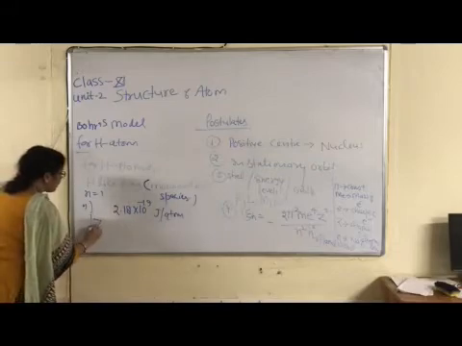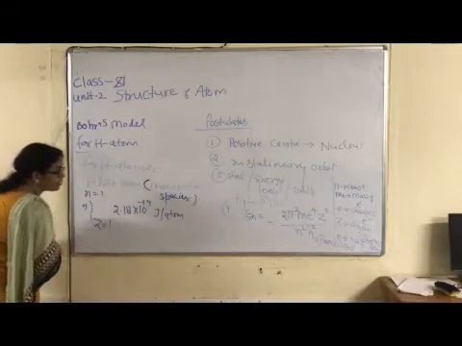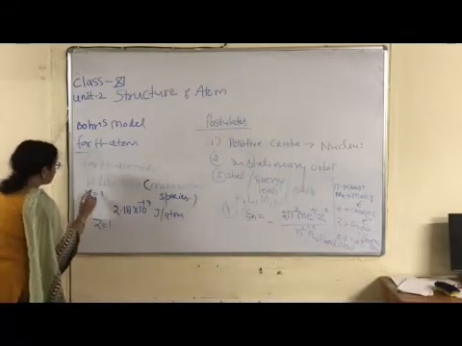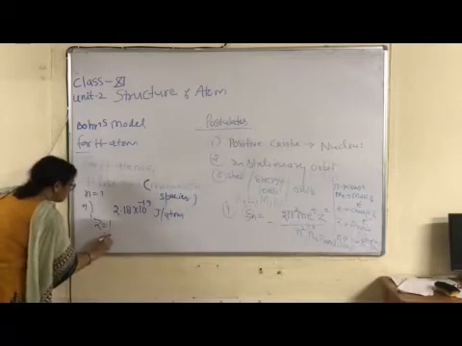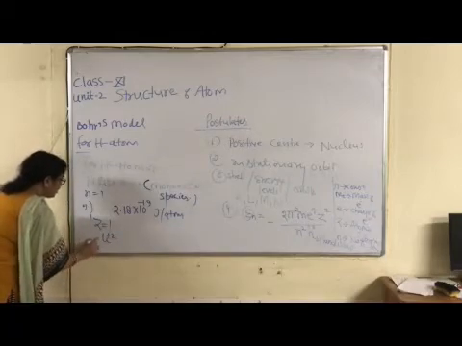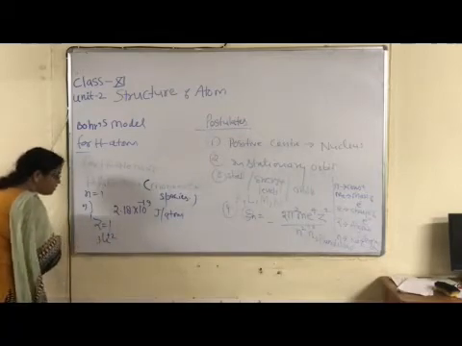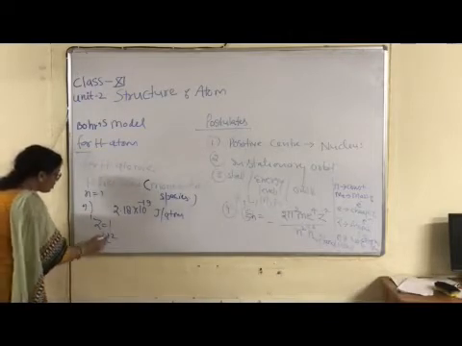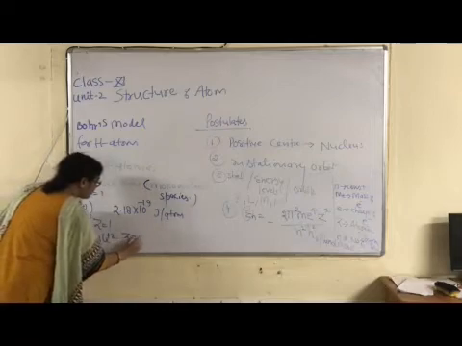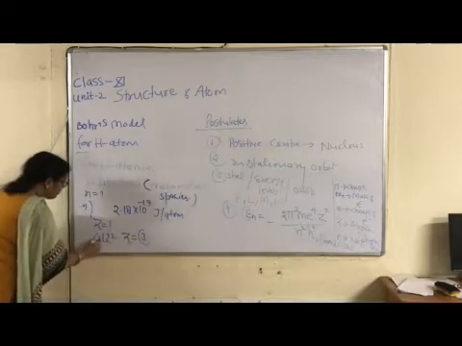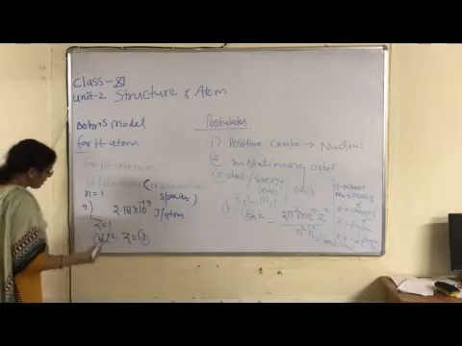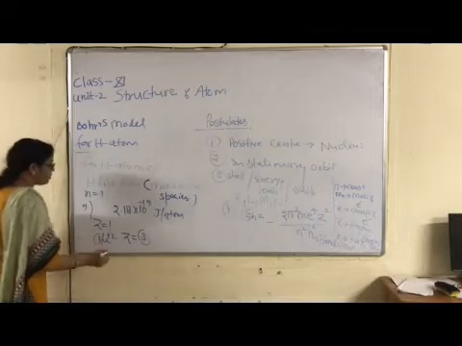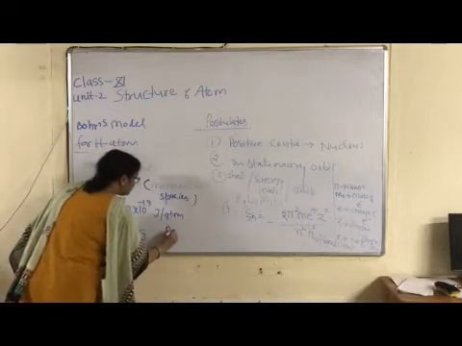For hydrogen, Z is equal to 1. Z means atomic number. For lithium plus 2 ion, the atomic number of lithium is 3. When 2 electrons are removed, only 1 electron is left. So what is its Z value? Z is equal to 3. Second, a hydrogen-like ion is beryllium.